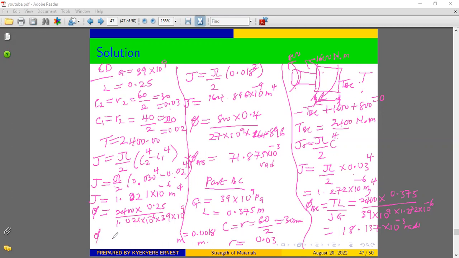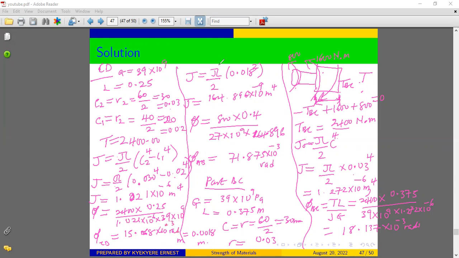And from there, our angle of twist for CD will be equal to 15.068 times 10 to the power negative 3 rad.